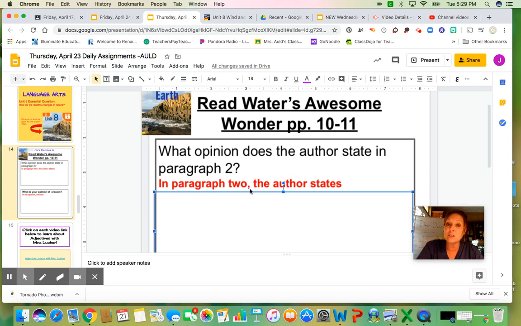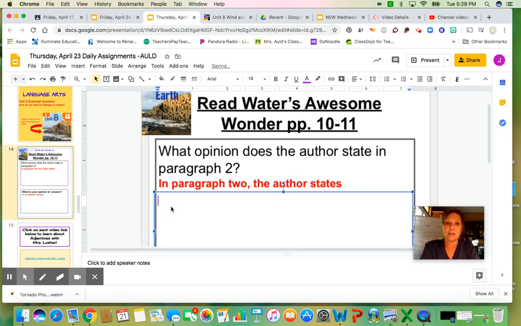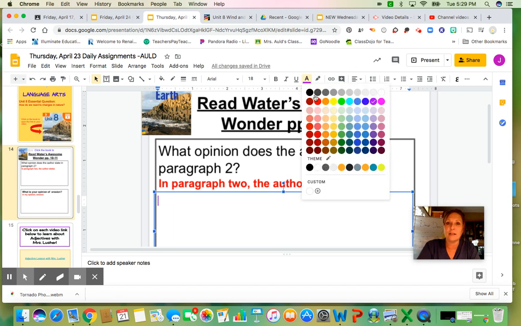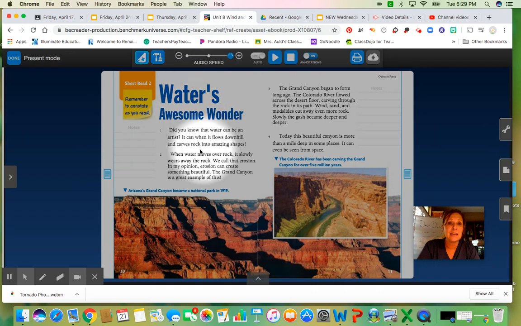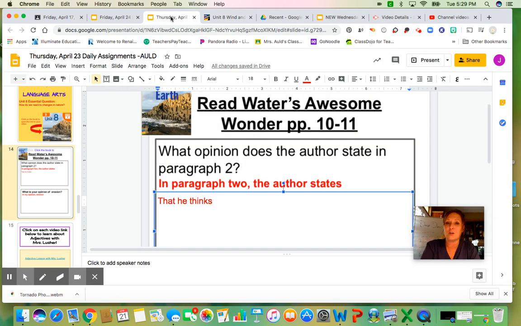So in paragraph 2, the author states that, look at Mrs. Ald, I'm writing in purple. How did I do that? The author states that he thinks, go back to your story if you can't remember what he thinks. He thinks erosion can create something beautiful.